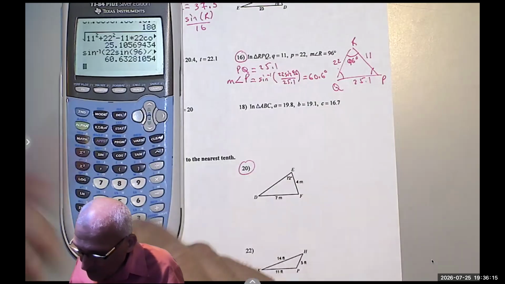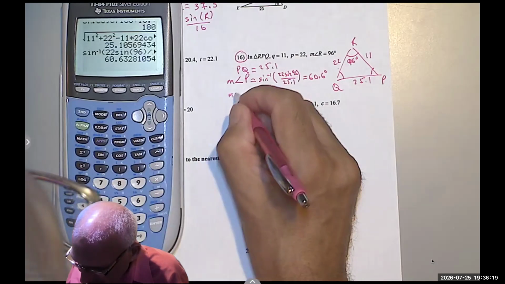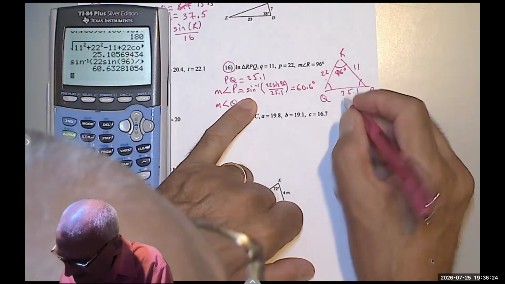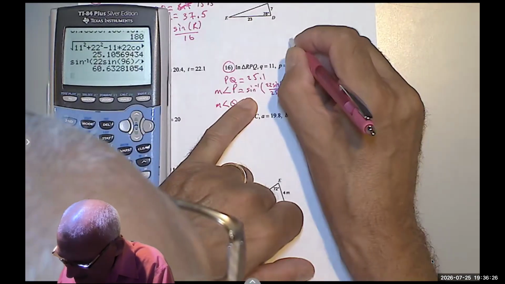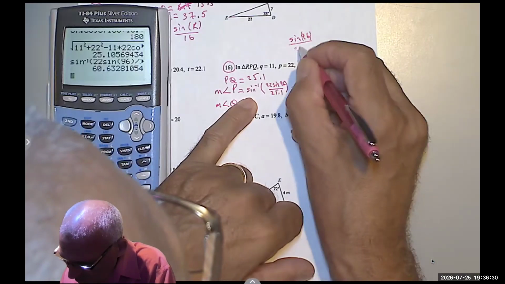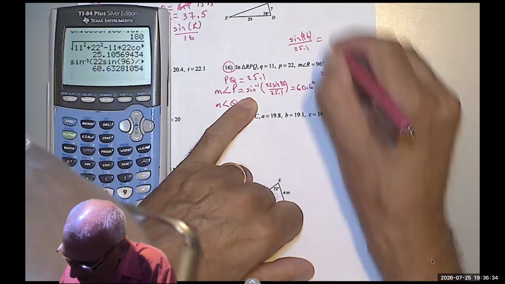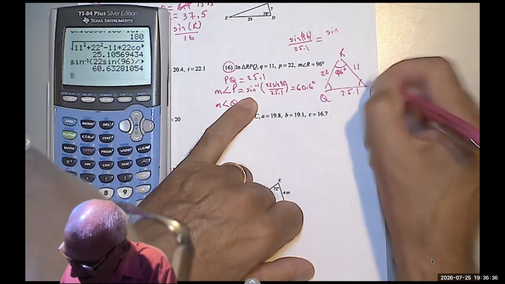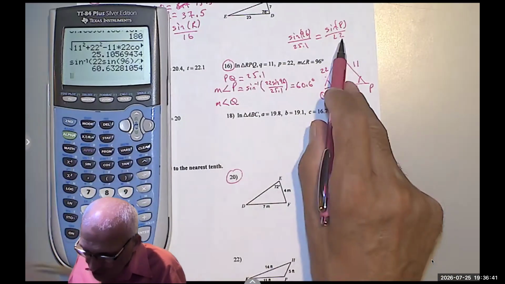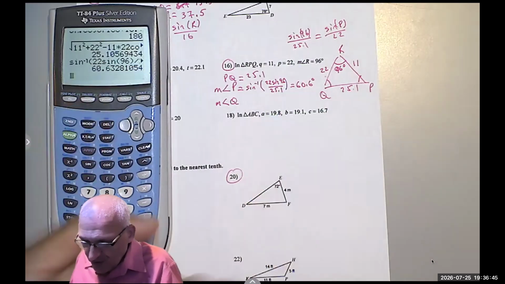And angle Q should be the smallest. Measure of angle Q. Again, since I said sine 96 over 25.1, which we just found, equals sine P over 22, I multiply 22 sine 96 divided by 25.1.